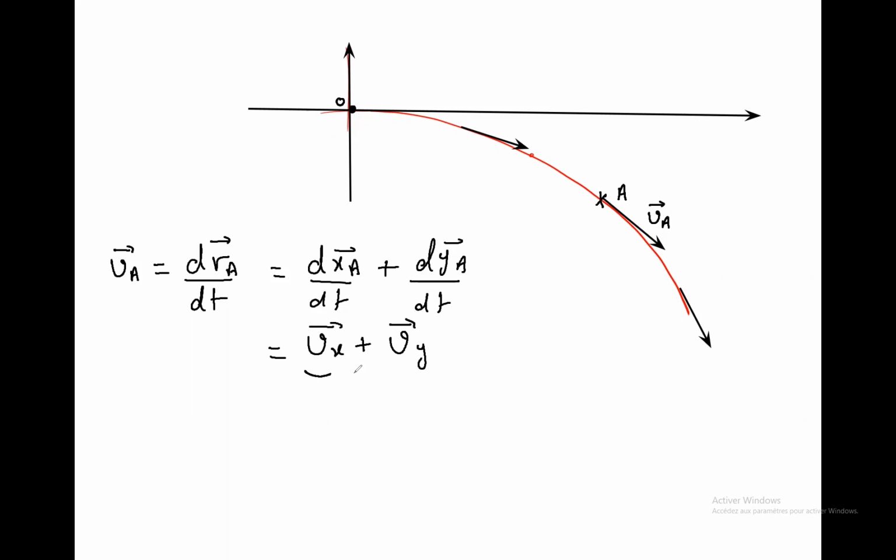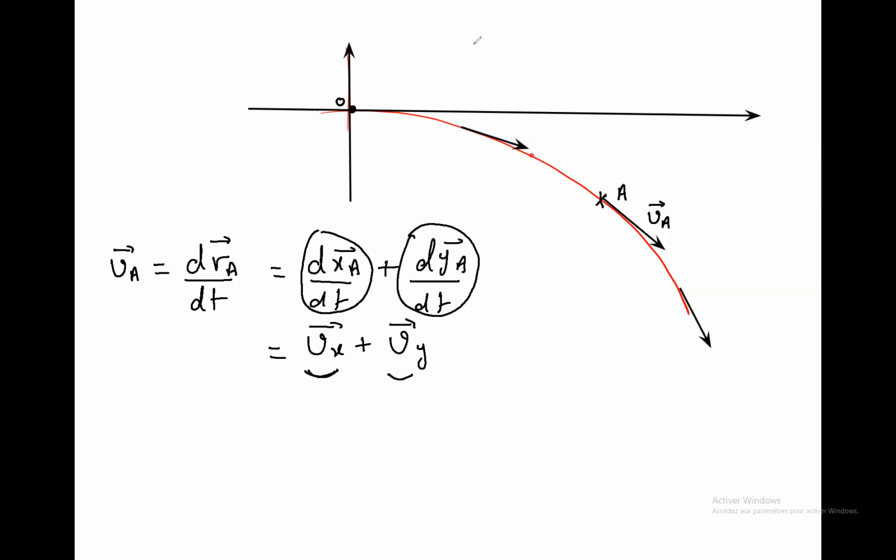So Vx and Vy equal these values. Vx is the x component vector of VA. Vy is the y component vector of VA. I want to specify the direction of Vx and Vy on the figure. It's very important.